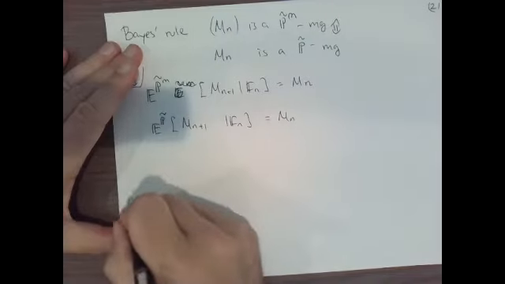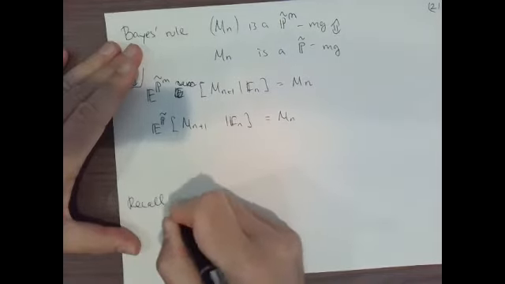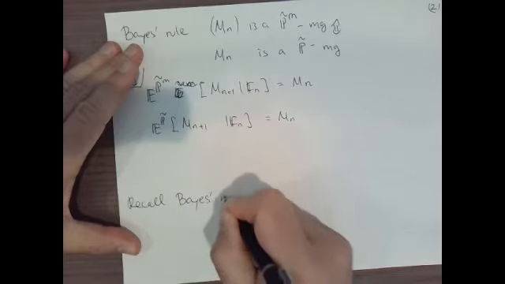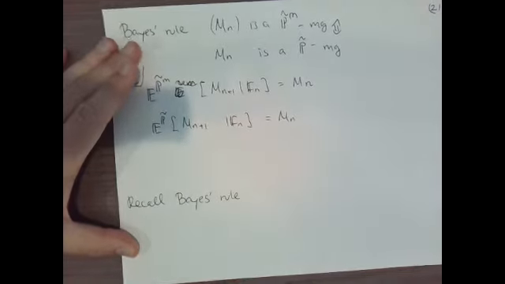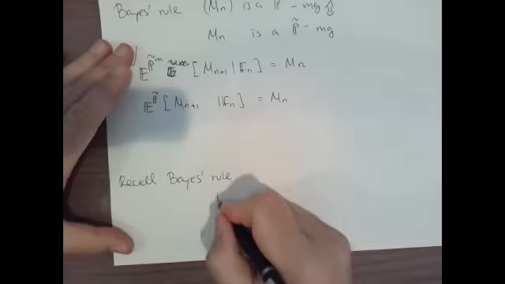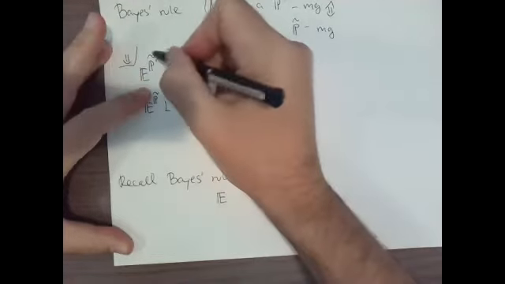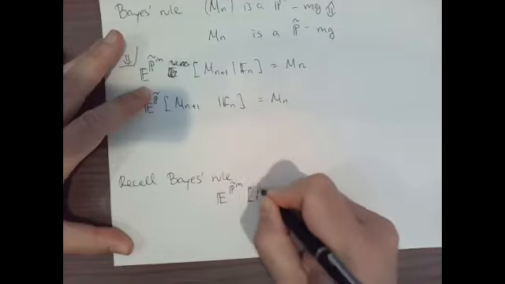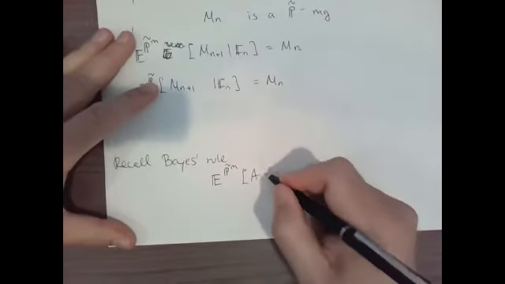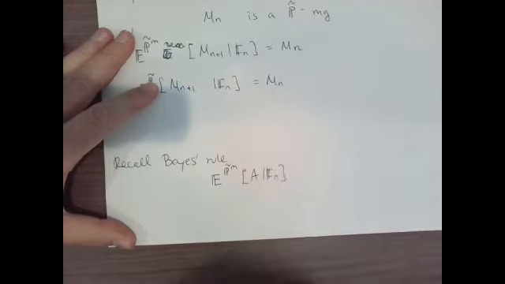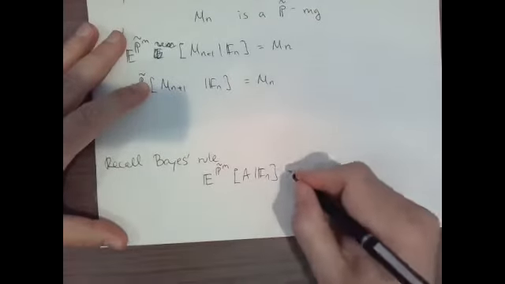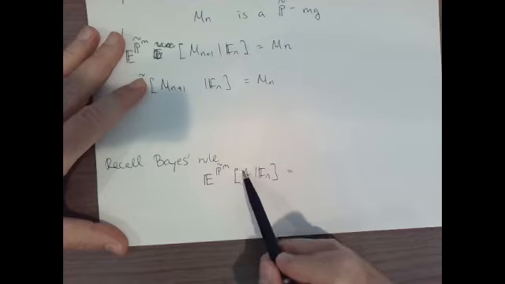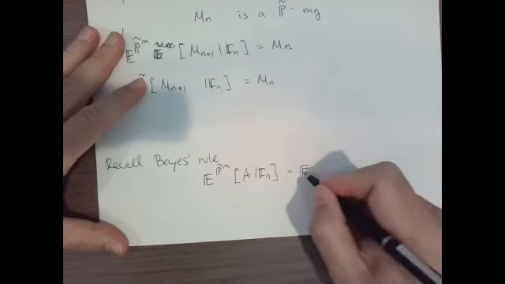Maybe we should recall Bayes' rule down here. I am to compute an expectation under P tilde M of, say, a random variable A given Fn. What Bayes says is that you multiply onto the Radon-Nikodym derivative inside here.